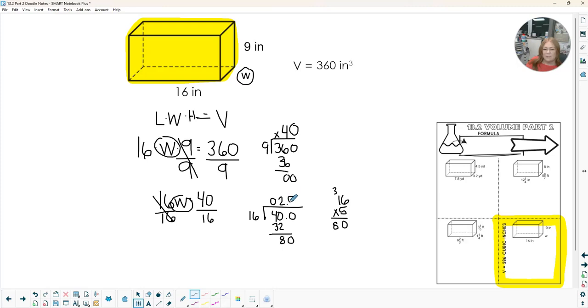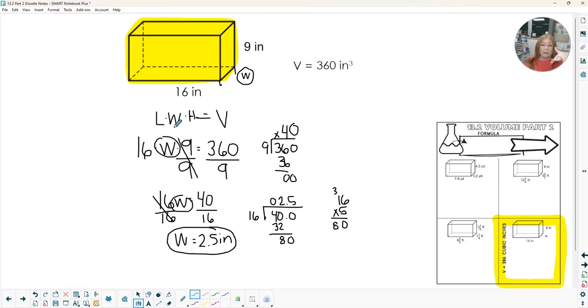Bring our decimal up. So W equals 2.5. Now our label is just inches. This one's not inches cubed because we're not doing the volume. We already have the volume. We're just looking for this straight side. When I measure from here to here, it's a distance of 2.5 inches. So our final answer is W equals 2.5.